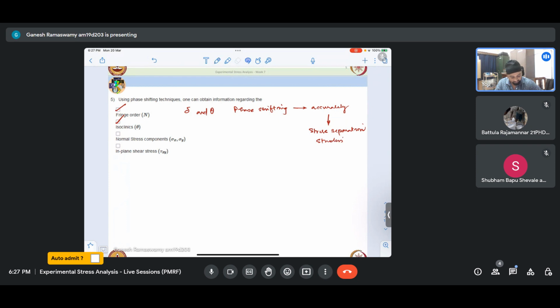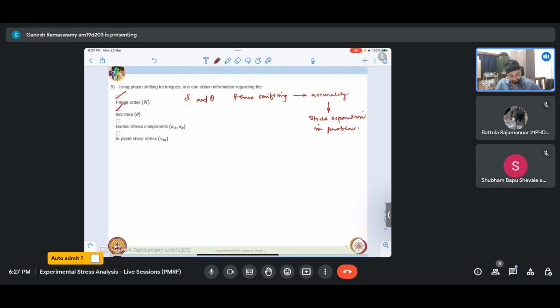Stress separation in problems. So this also is possible to achieve. So what are the stresses in case of a plane problem, a planar problem?